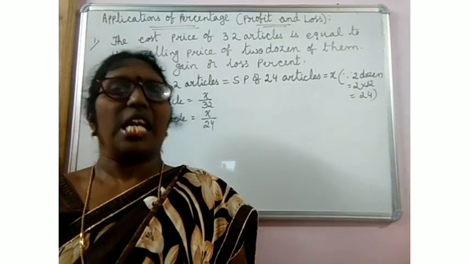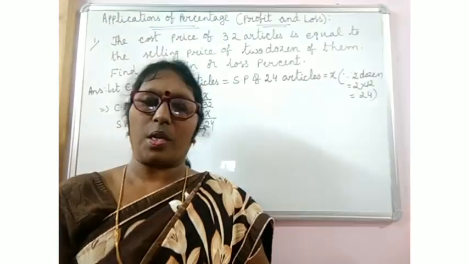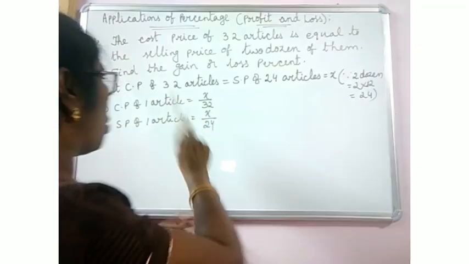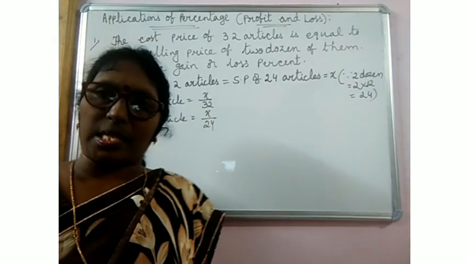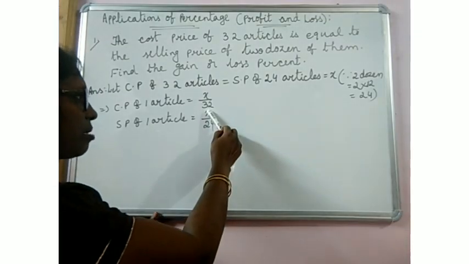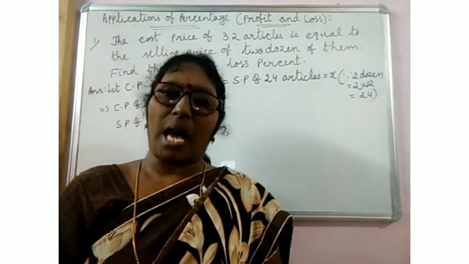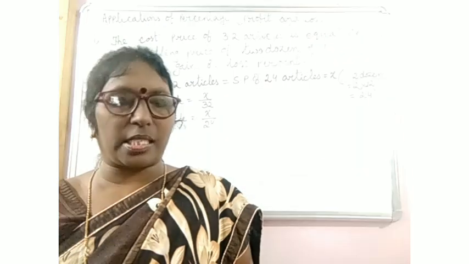You know that if the cost price is more than the selling price, there is loss. If SP is more, there is profit. If CP is more, there is loss. Here you see both the numerators are X. If the numerators are the same, the fraction having the smaller denominator is larger.